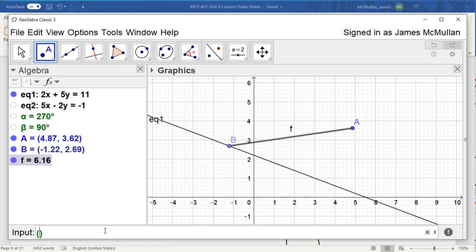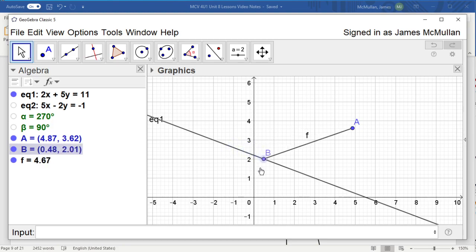Well, we'll just record the distance. Here's the distance between the two points, a distance of 6. If I bring it closer, you can see I can shrink it down to 3, 3.2, 3.19, and then it starts to go up again.